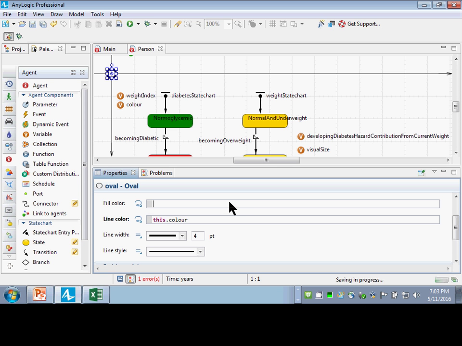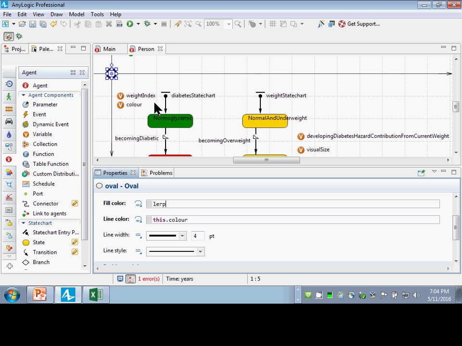Okay, ladies and gentlemen. So for the fill color, we're going to do something different. And we're going to put in place a mechanism of which Dylan and I are both fond, but of which few AnyLogic programmers, AnyLogic model creators, are aware. Okay? So for the fill color, we're going to say lerp color.